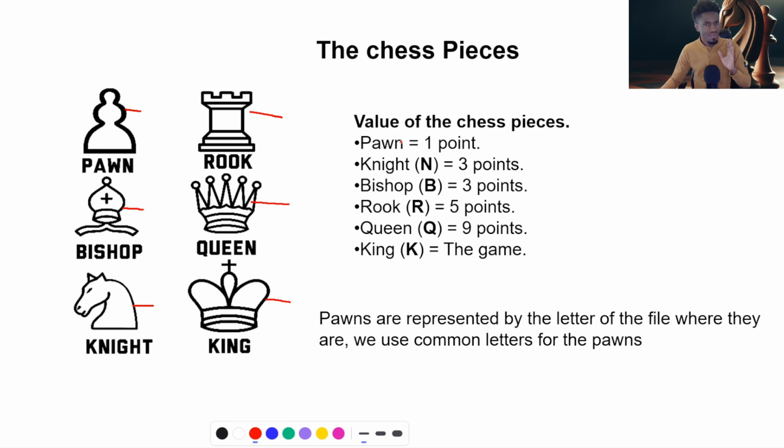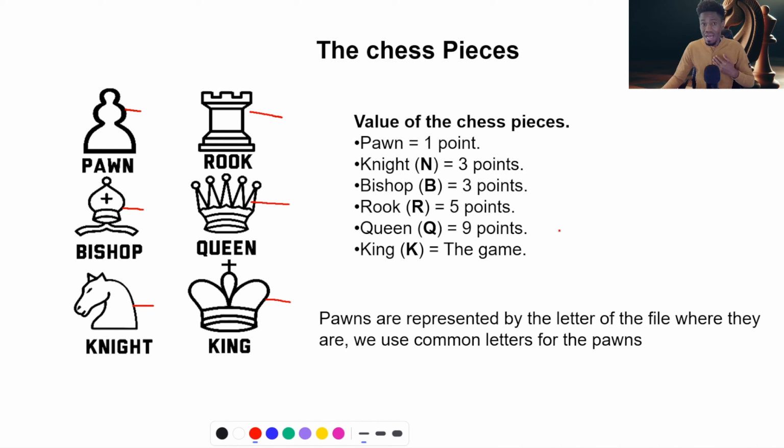Let's go with the value first. The pawn is worth 1 point, the knight is worth 3 points, the bishop is worth 3 points, the rook is worth 5 points, the queen is worth 9 points, and the king, which is the most important piece on the board, is worth the whole game.